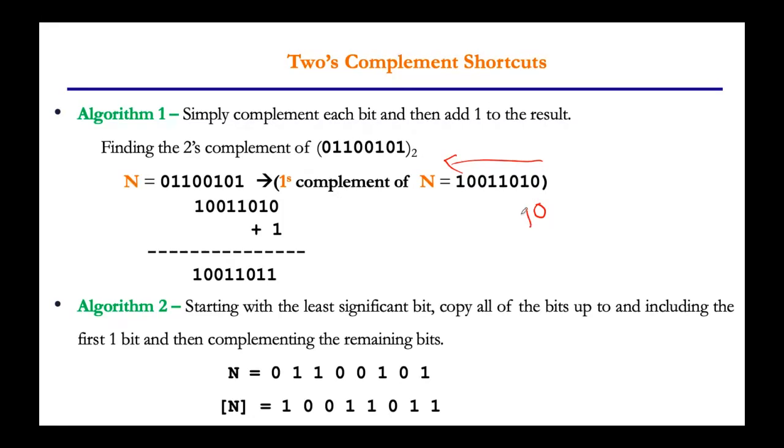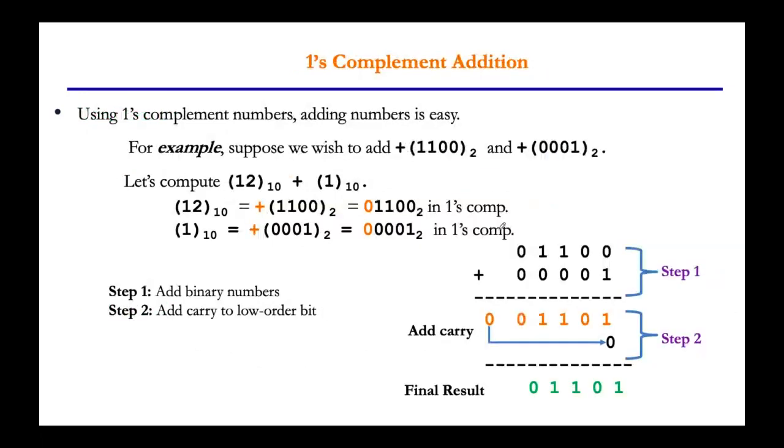Here is 1, so you write it as it is. After that you complement all the bits: 0 becomes 1, 1 becomes 0, 1 becomes 0, 0 becomes 1, and 0 becomes 1. That is the complement. This is another way of doing the two's complement.